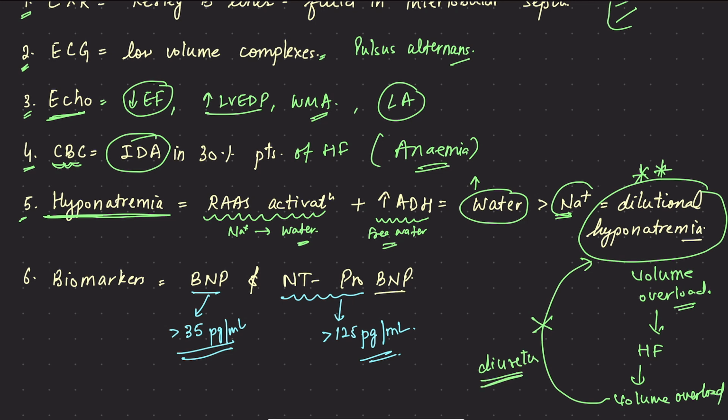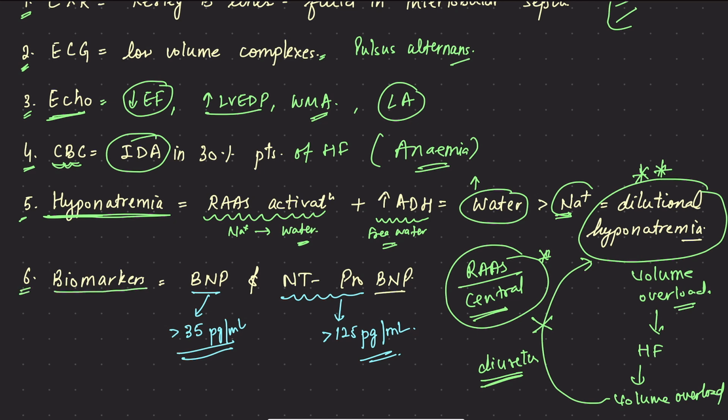You have to inhibit RAS. So RAS inhibitors are central in the treatment of heart failure. Very important. This is the reason why we give RAS inhibitors like ACE inhibitors, ARBs and ARNIs in the treatment of heart failure. This is the rationale for that.